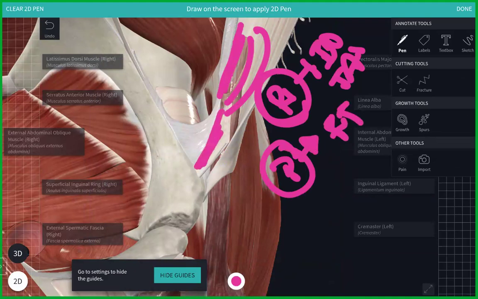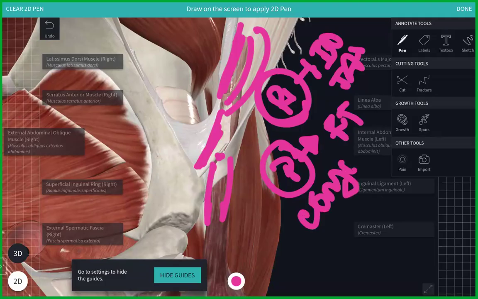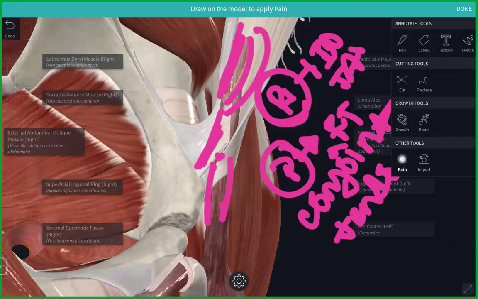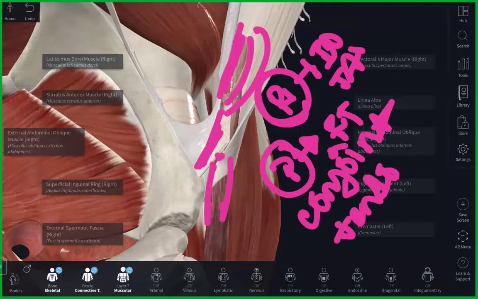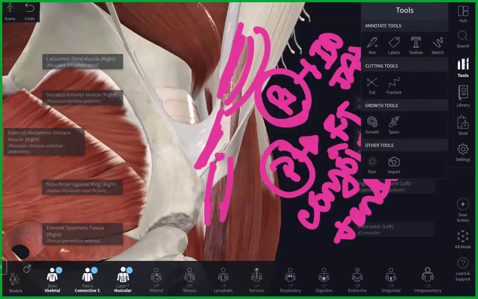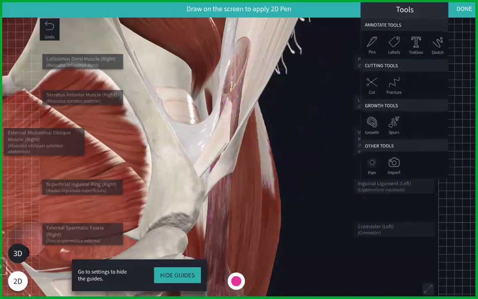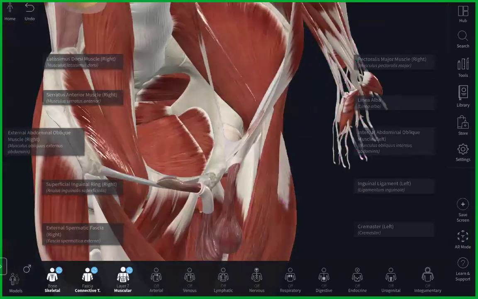Then we have this canal here, and we have conjoint tendon behind it. So this is the boundary of our inguinal canal.